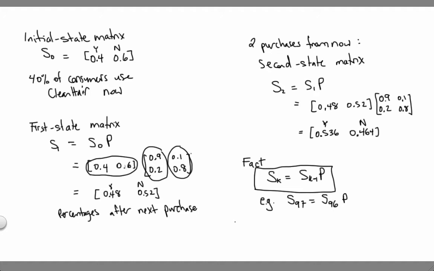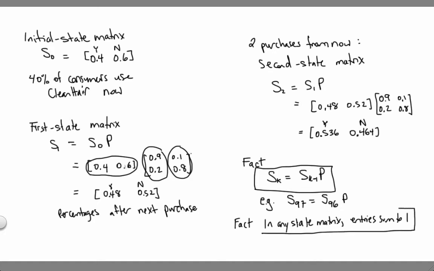Similar fact, or related fact, let's say, while we're still on this page. This is a second fact about state matrices. Let's say in any state matrix, the entries sum to 1. So we'll just put a box around that to separate that from our previous fact.